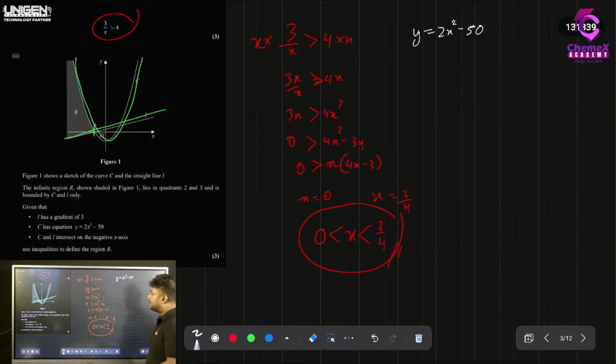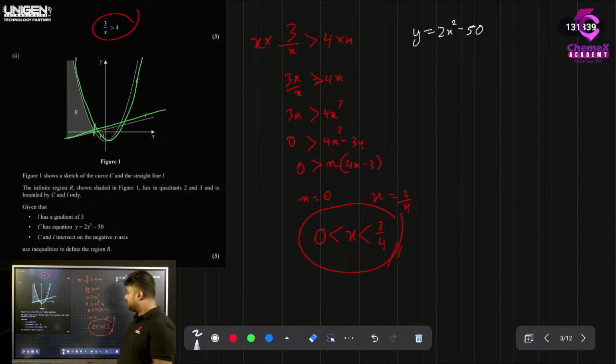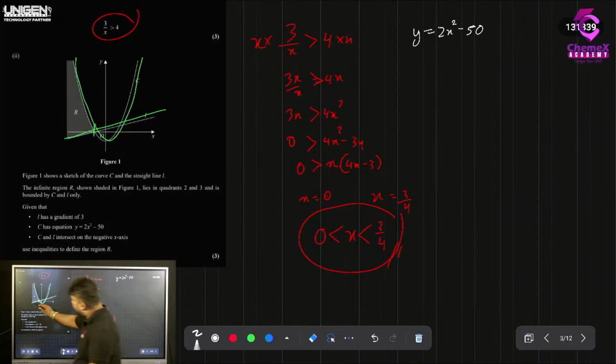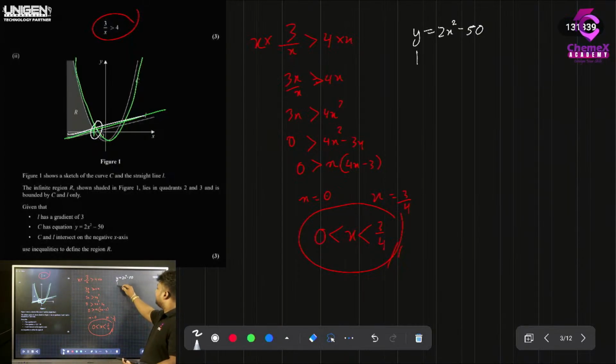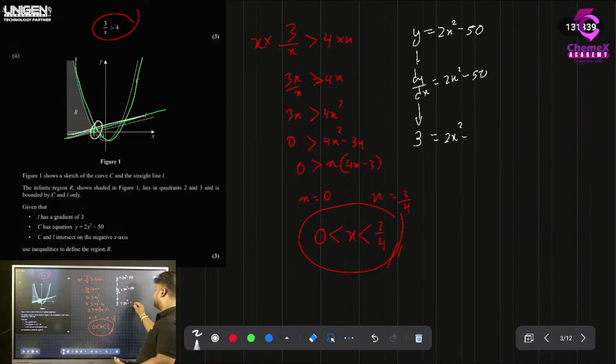Then for the line L, they have given that it has a gradient of 3. So if it has a gradient of 3, this line cutting this place will also have a gradient of 3, right? So I can get dy over dx equals 2x squared minus 50. So this is going to be 3 equals 2x squared minus 50.